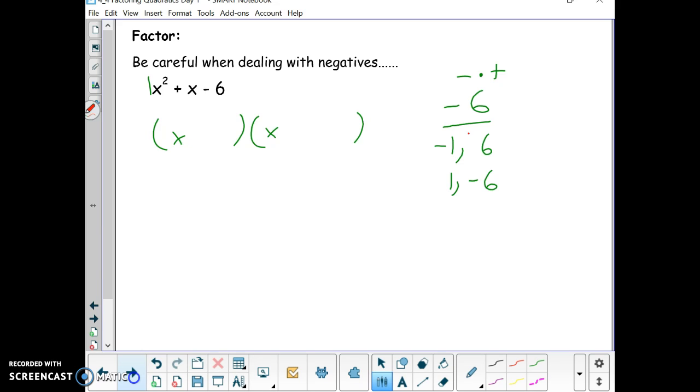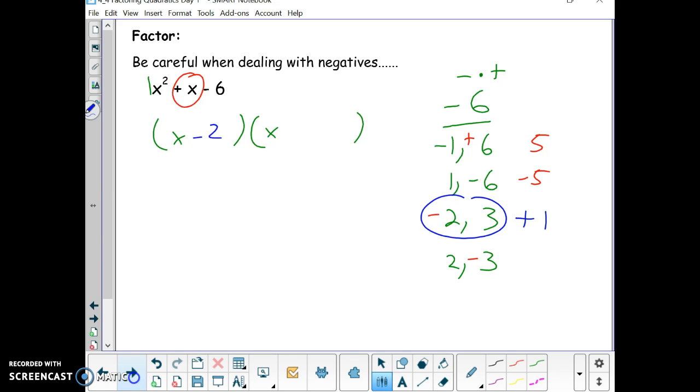If we add those up, you would get +5 and -5, which does not equal our middle part, +1. So let's see, there's also 2 and 3. Again, we could make the 2 negative or the 3 negative. We just need one of them to be negative. And the one that adds up to +1 is +3 and -2. So our factors here are x minus 2 and x plus 3.